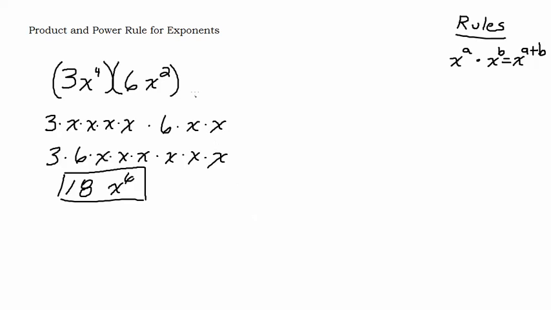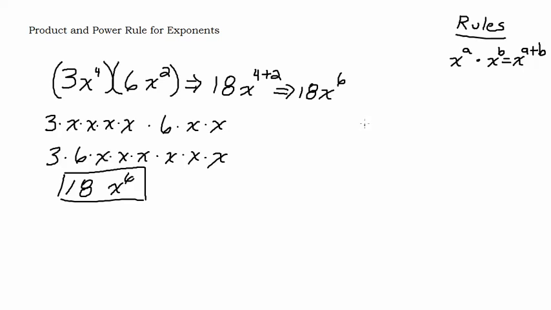Well, you can see you could get that answer without writing all this out by multiplying the coefficients. 3 times 6 is 18. And then x to the fourth times x to the second is x to the 4 plus 2. You have to add those exponents. That's what our rule says over here. And so that gives you 18x to the sixth.